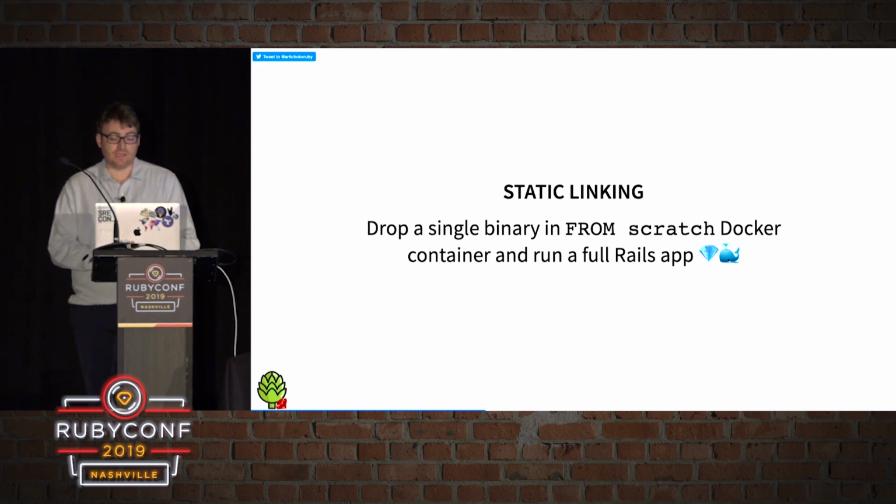The goal here is to be able to take that single binary and drop it into a from-scratch Docker container and have a full Rails installation right there. Additionally, on Linux, Rust supports building against musl libc, which gives us even more hermeticness in single binary applications with no dependencies on the host system at all.